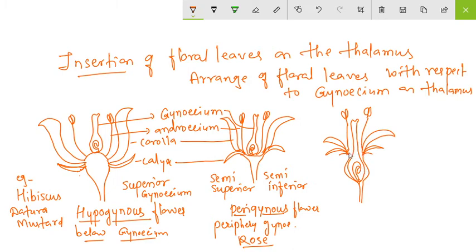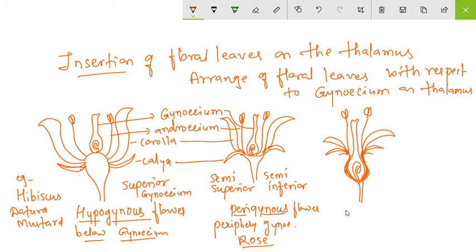So that is the position. The gynoecium is at the lowermost position.